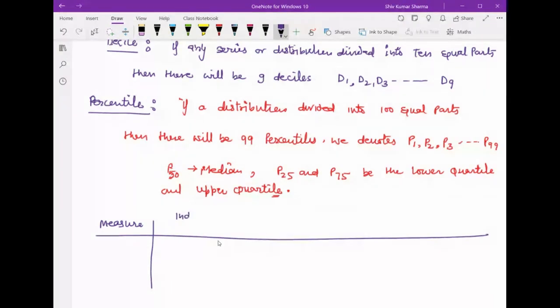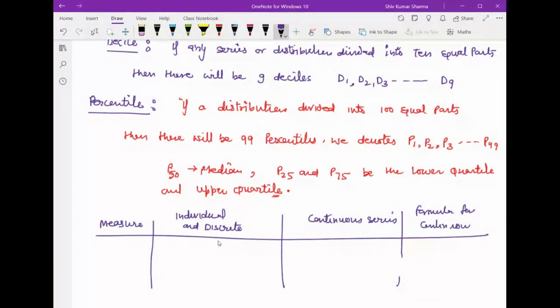We use the individual and discrete series, and second is the continuous series. So we write the formula for the continuous series.